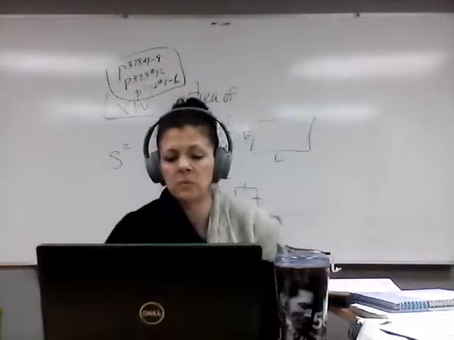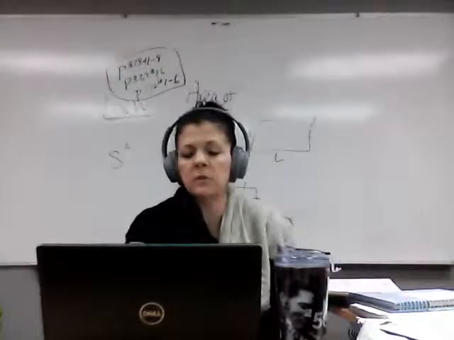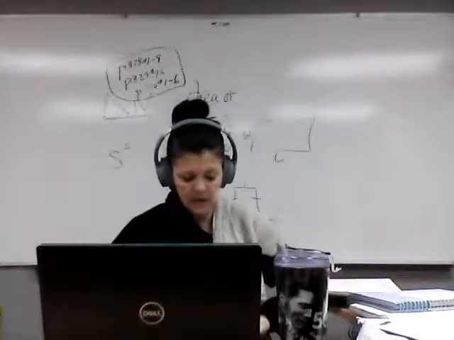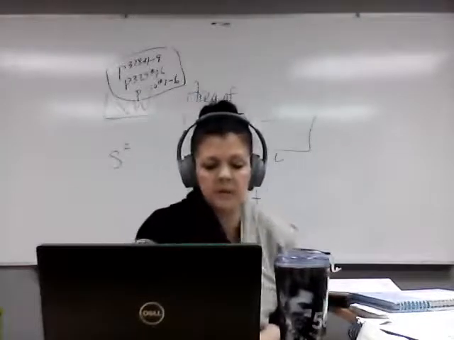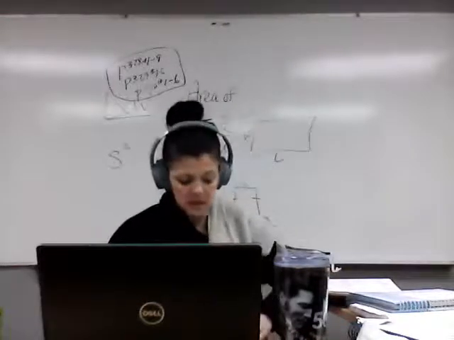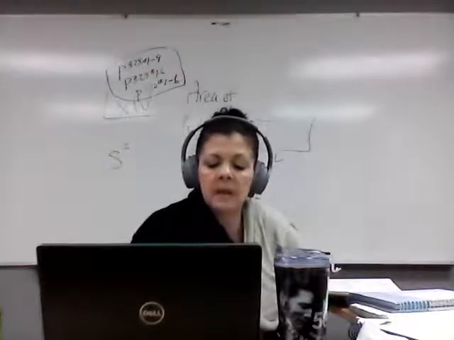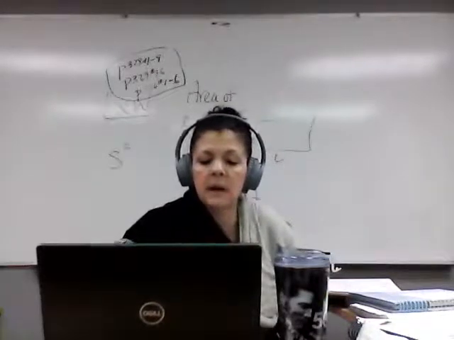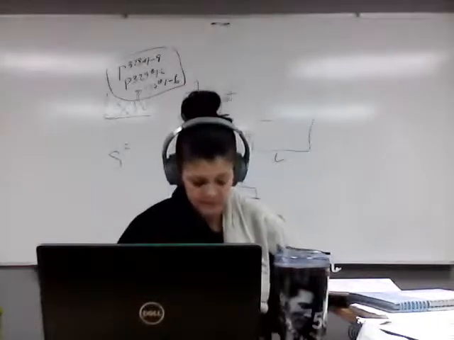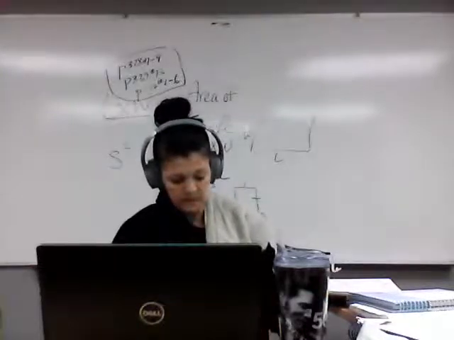I'm getting 2. Alright, so the apothem is around 2. So A equals 2. So now you take your apothem and your perimeter and do the S. So S equals L plus 1/2 AP. Same thing we've been doing. We have our perimeter. Jess, what was our perimeter? Good.